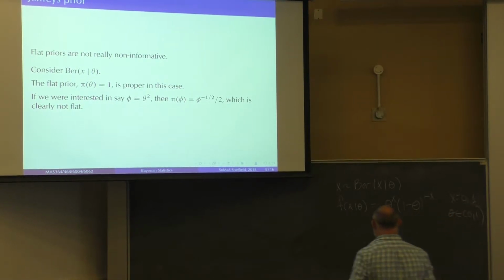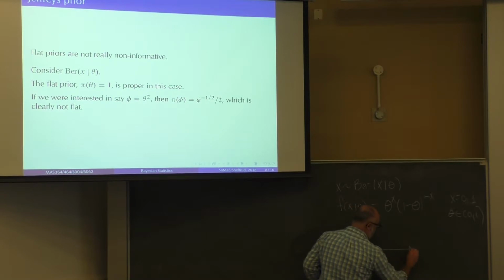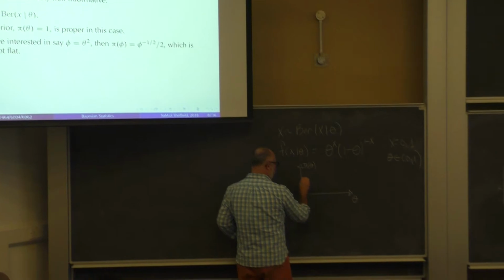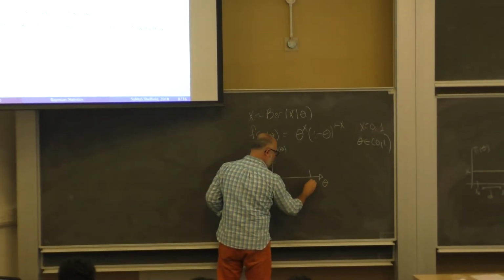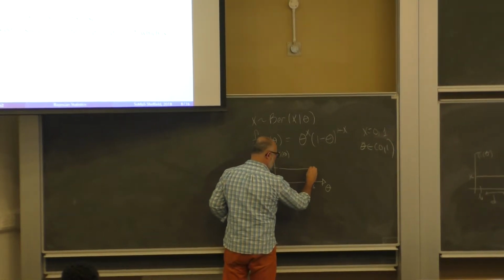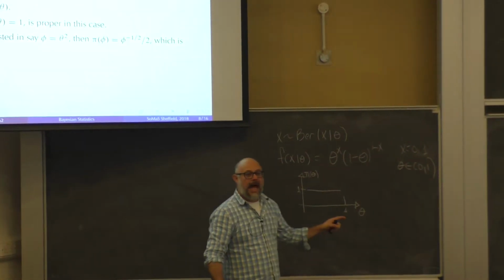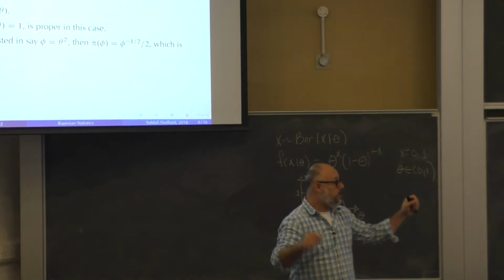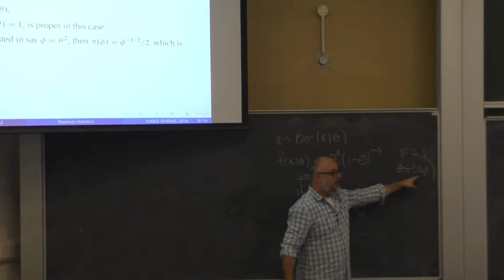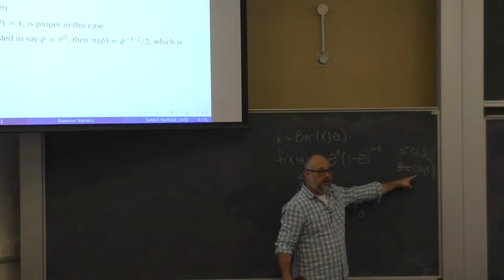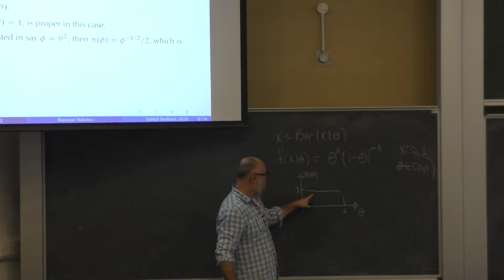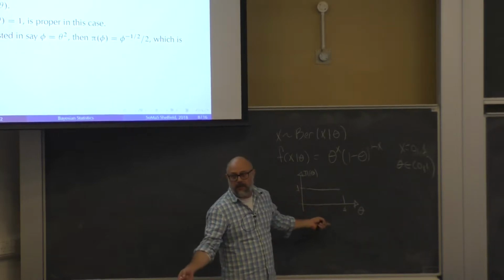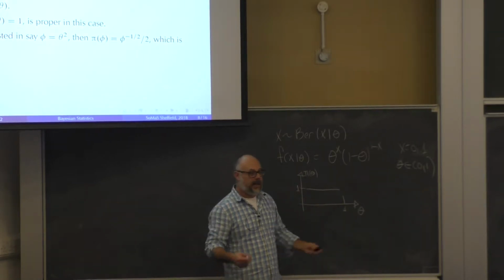In this case, if we define a flat prior, a constant prior, the parameter space now is bounded. So we can actually check, and it's very easy to check that this is a proper distribution, right? This is a uniform distribution in between 0 and 1, so that is a proper distribution.